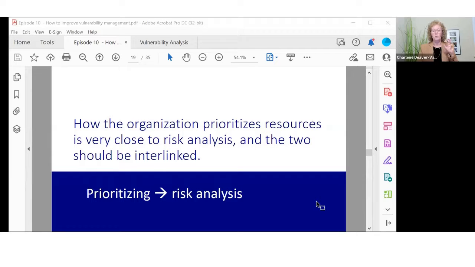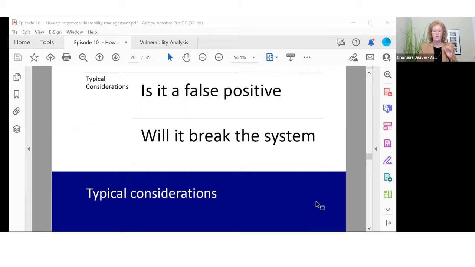I hope that helps when you start having these conversations. How the organization prioritizes is very close to risk analysis, and the two are interlinked. The vulnerability analysis we're doing, the prioritization, is very close to an organizational risk analysis. In a way, that's what you're doing. I don't know that many people think of it that way.